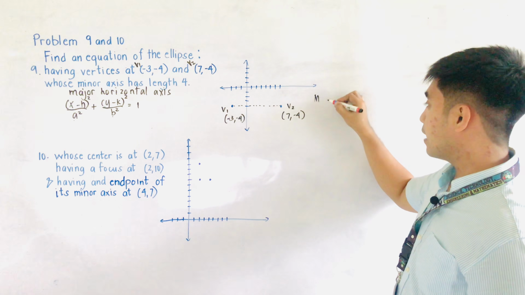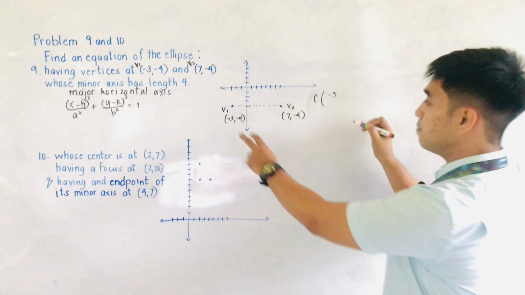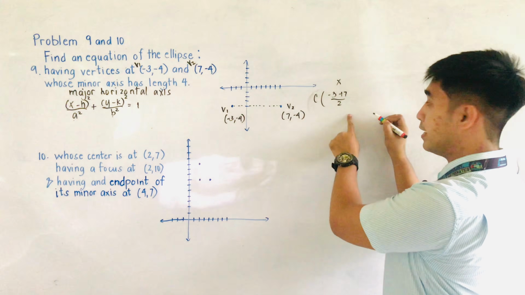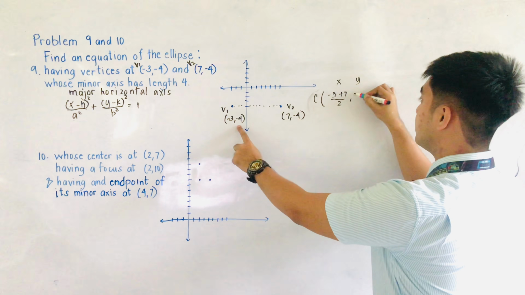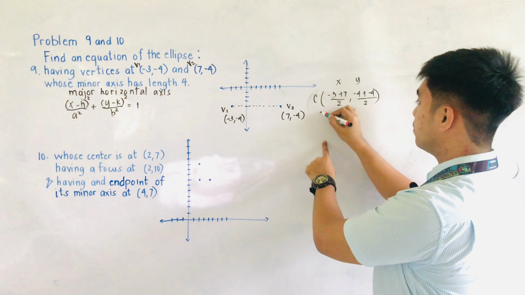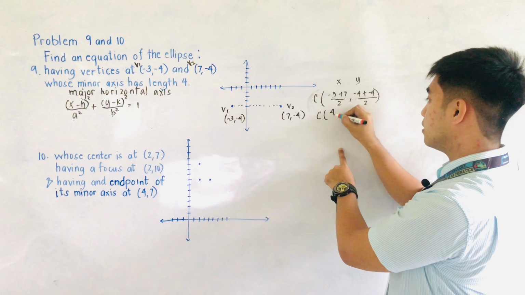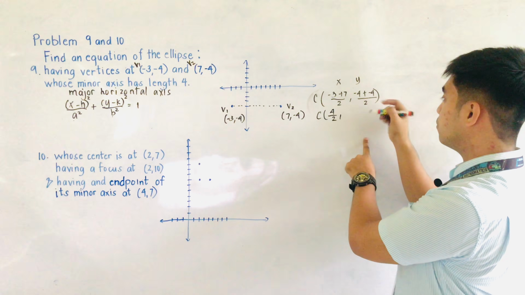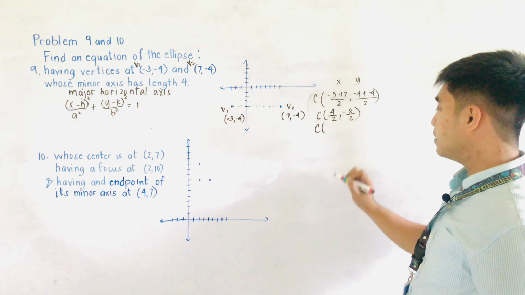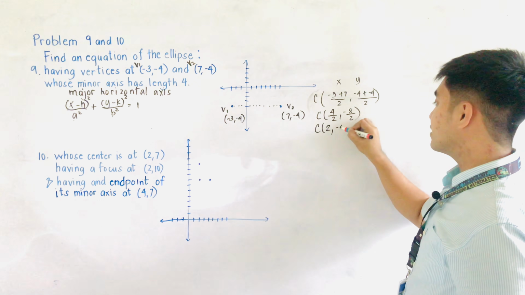Therefore, the center will be located at (-3 plus 7) over 2 for the x coordinate, and (-4 plus -4) over 2 for the y coordinate. -3 plus 7 is 4, over 2. -4 plus -4 is -8, over 2. 4 over 2 is just 2, and -8 over 2 is -4.